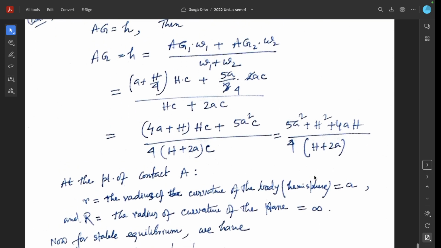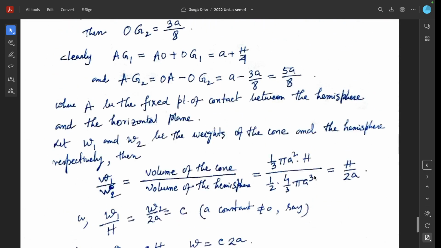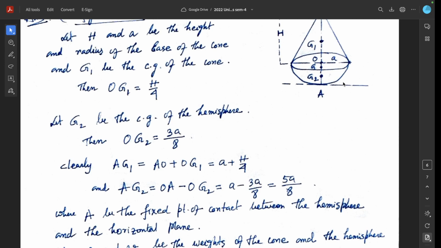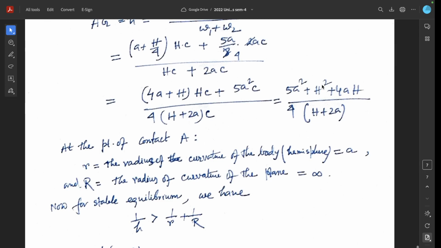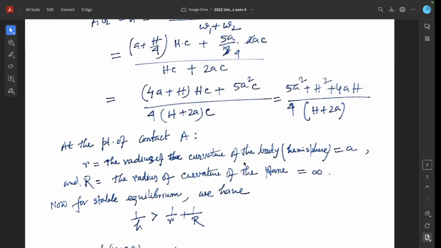Now at the point of contact A, between the hemisphere and the plane, small r is the radius of curvature of the hemisphere, equal to a. Capital R is the radius of curvature of the plane, which equals infinity.